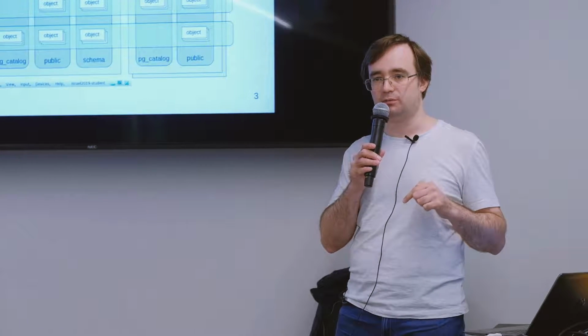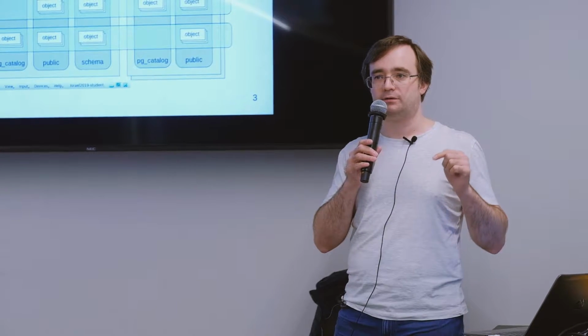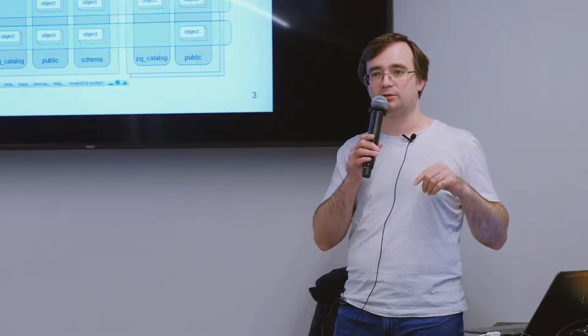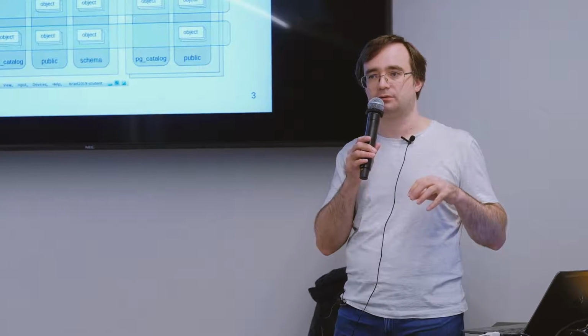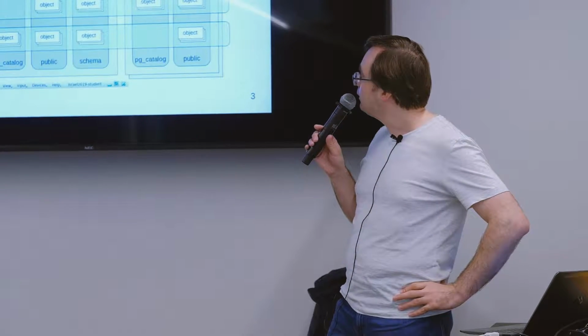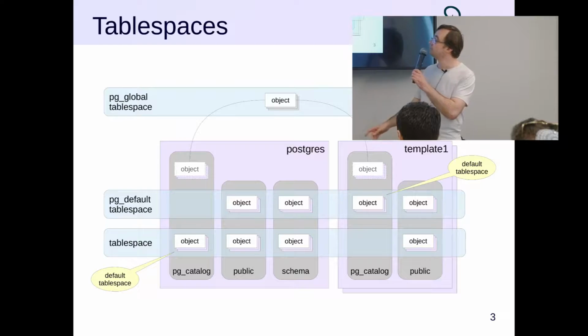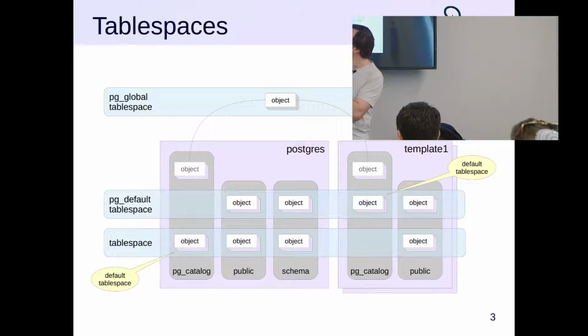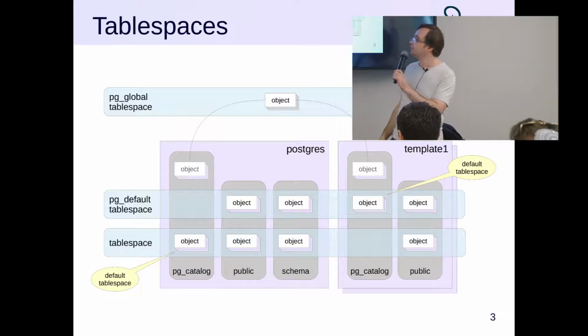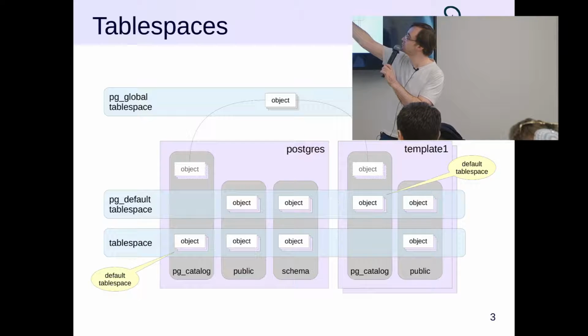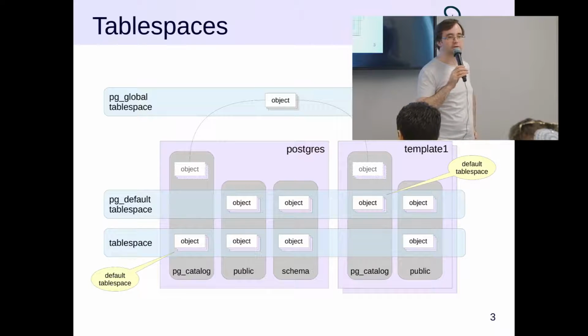And also in the default table space there are system catalog tables. You can create your own table space and set it as default for some database, like here. And all system catalog objects will be in this table space. And here, pg_default is the default table space, so system catalogs are in this table space.